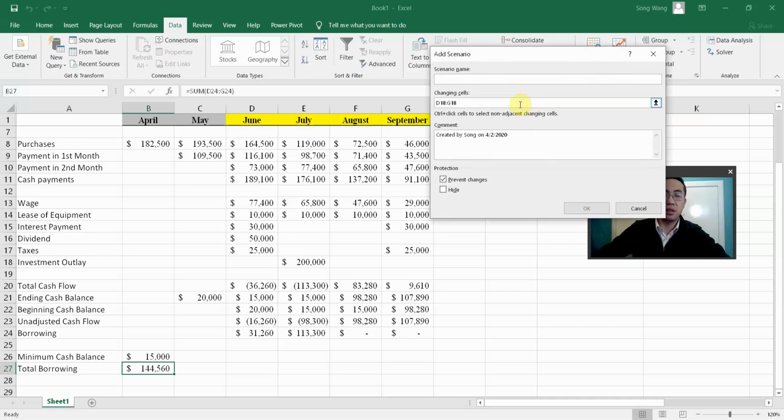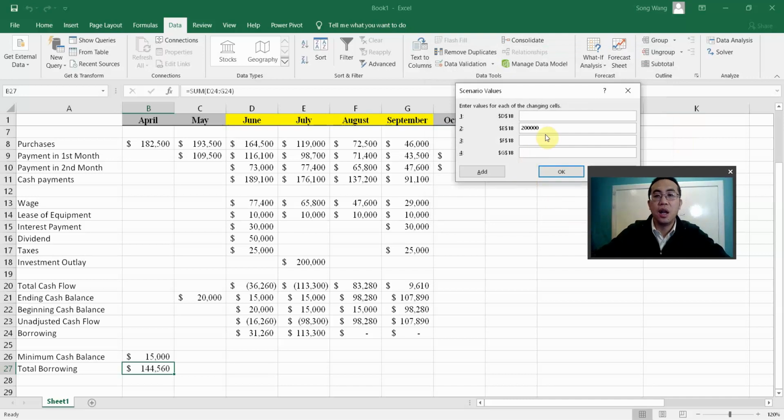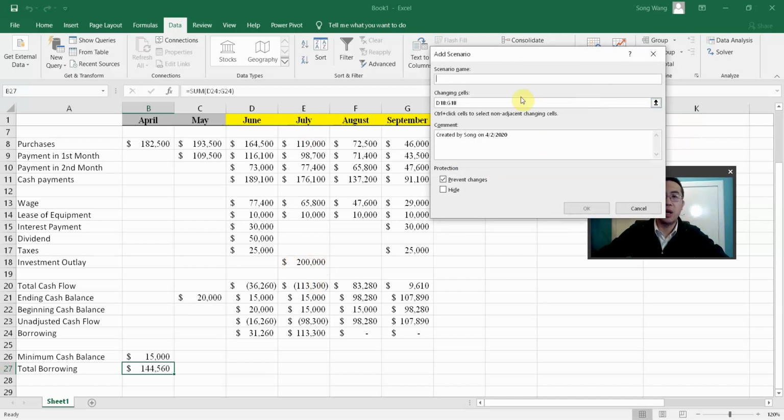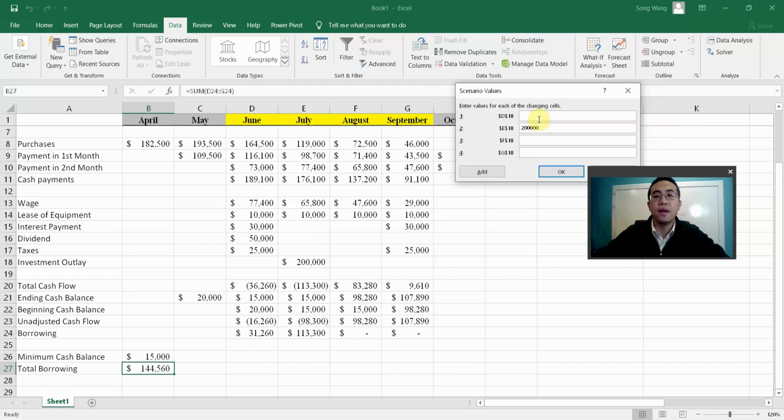Then you add another one. This is outlay in July, still by changing the same cells. Then all the others are zeros except E18. The investment outlay in July is left as 200,000. Then you add another one, outlay in August. Then it's a 0 here.